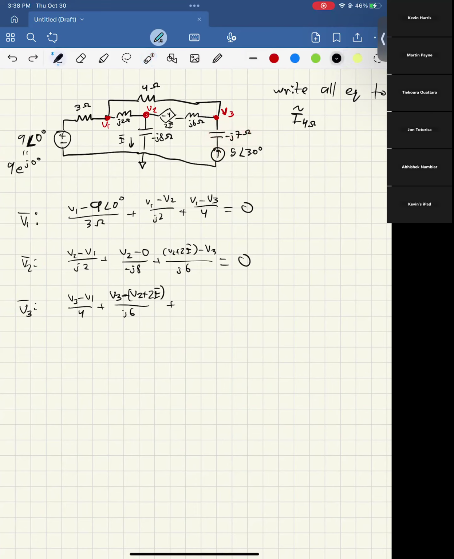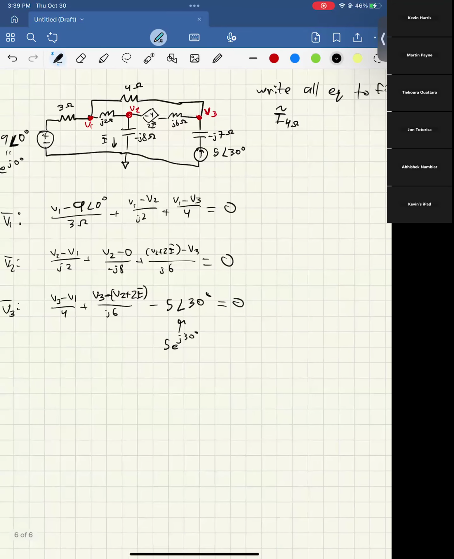Since the current is going into the node, it's going to be minus 5∠30 degrees. And again, this is just 5 e to the j30, which in a plus bj form would be 5 cosine 30 plus j sine 30, and this is 5 times (root 3 over 2 plus j times 1/2).